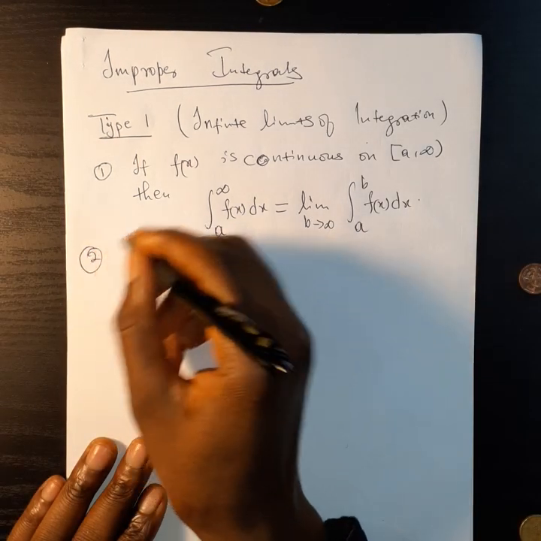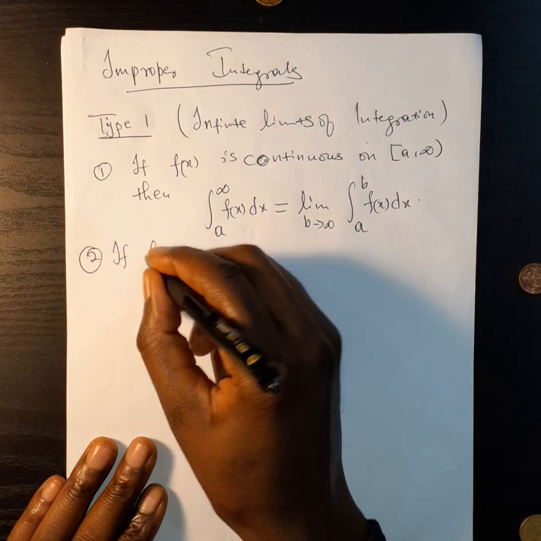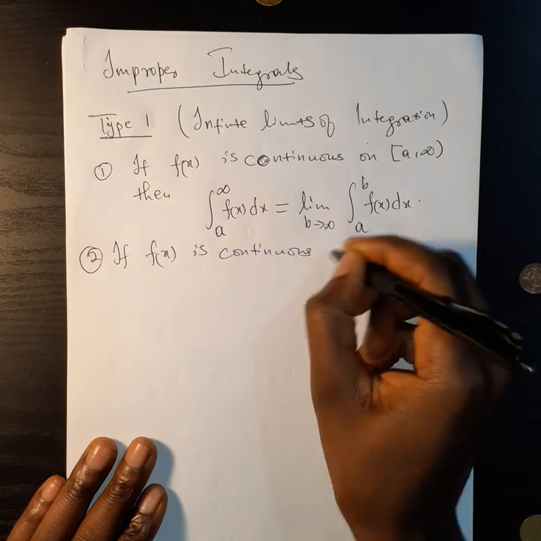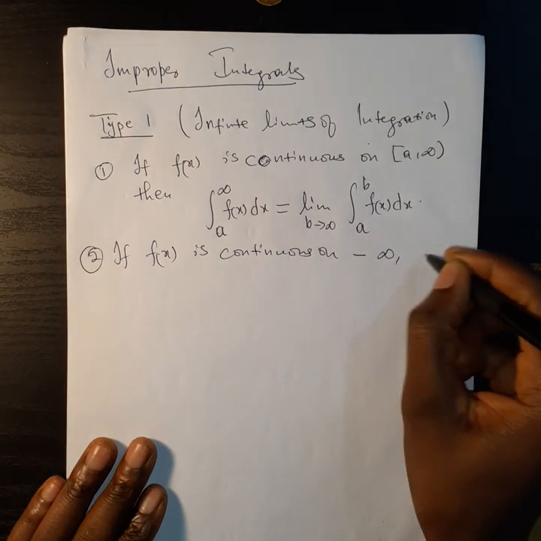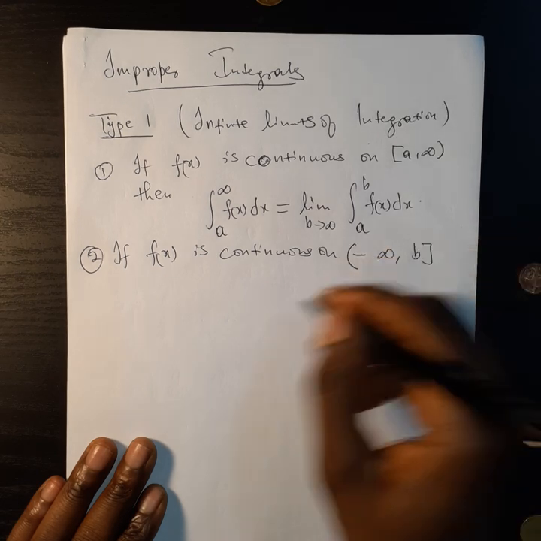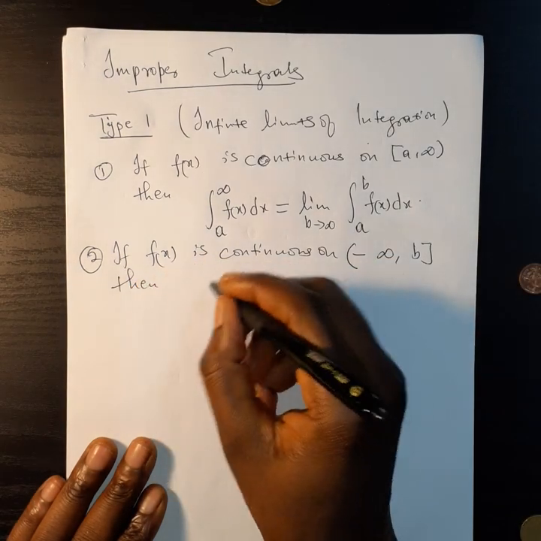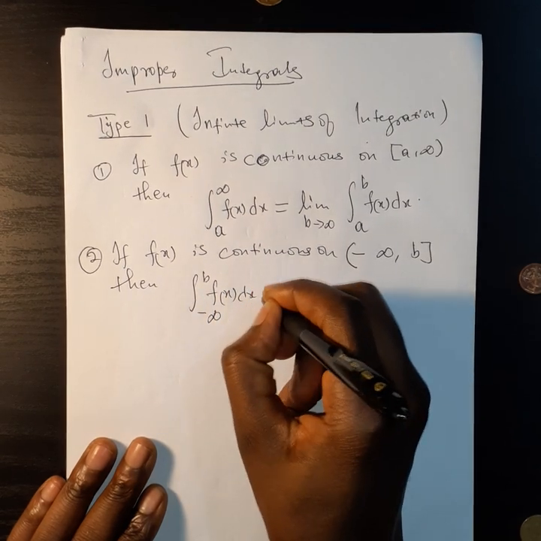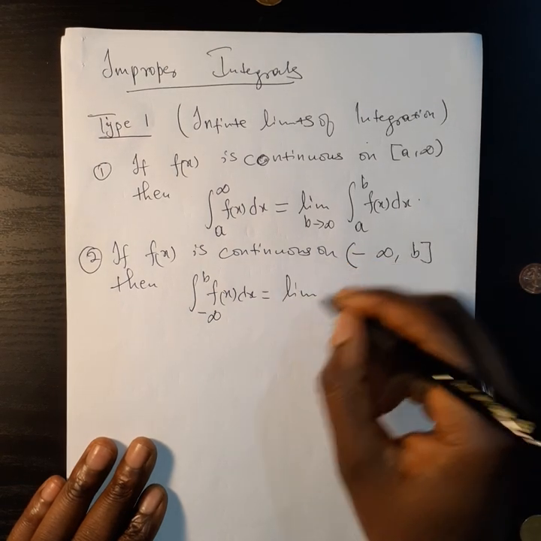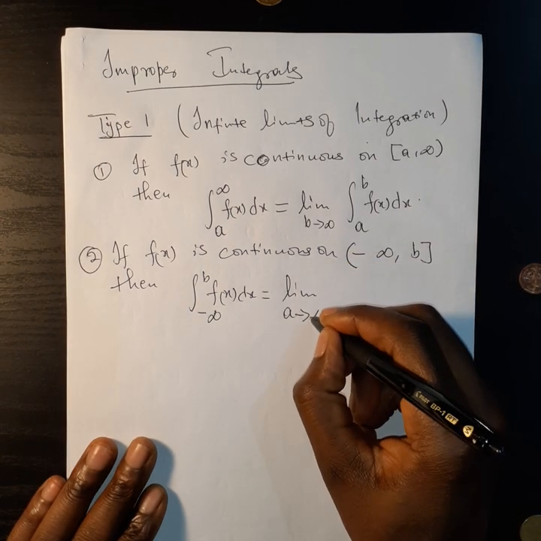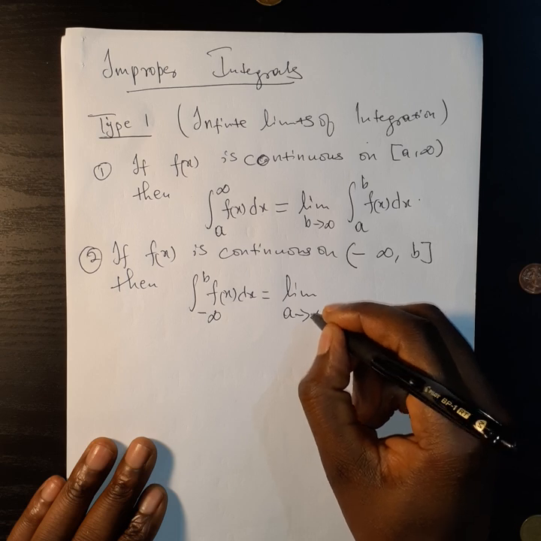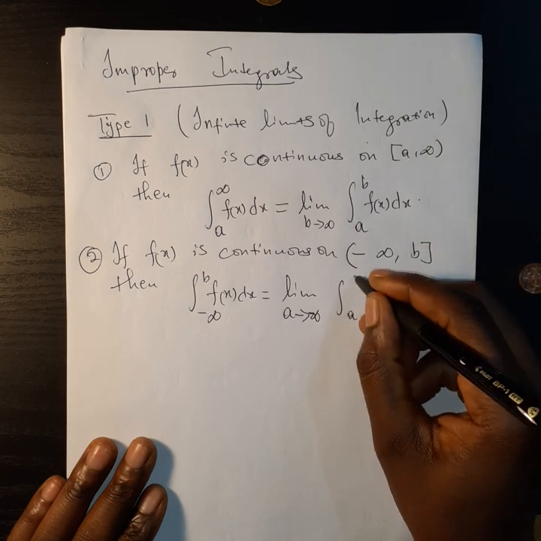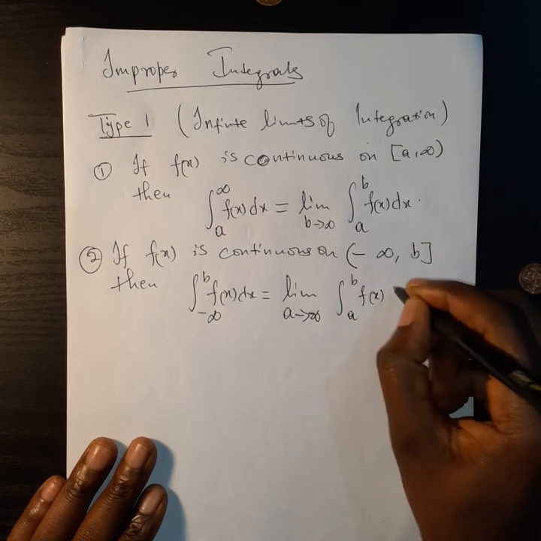Number two, you may find that f of x is continuous on the interval minus infinity to b, like this. And then what we do, the integral from minus infinity to b of f of x dx will be given by the limit when, say, a is approaching negative infinity of the integral from a to b of f of x dx.